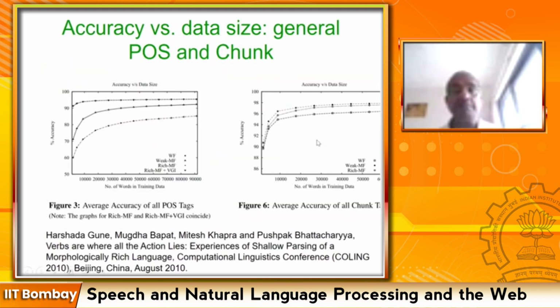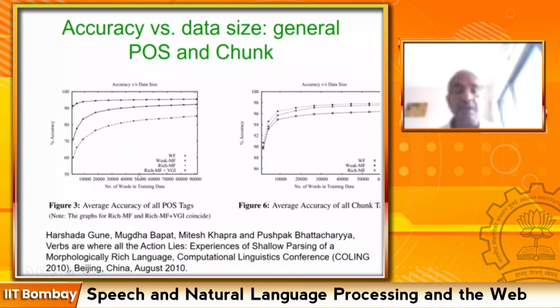So now there is a compelling reason for looking at morphology, because data doesn't come cheap. You have to invest money, energy, manpower, time to create data and also to annotate the data. So we showed very convincingly through our work that if we apply even simple morphology, then a higher level NLP task gets tremendous help.